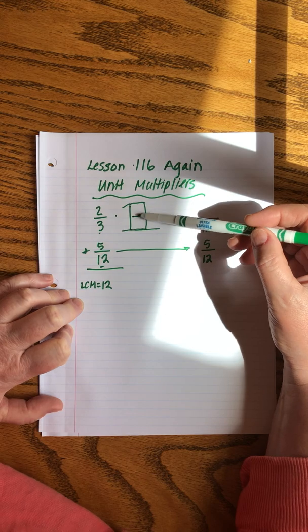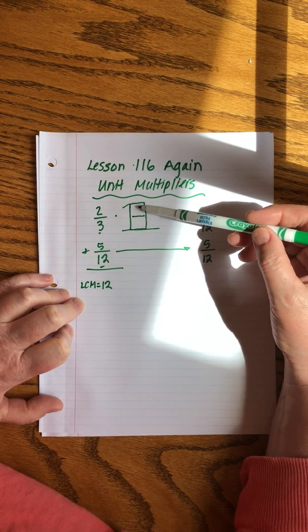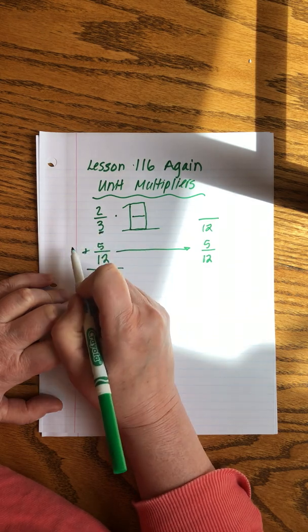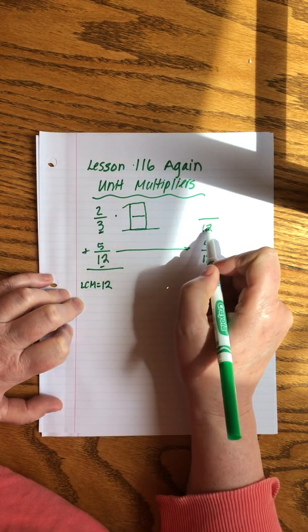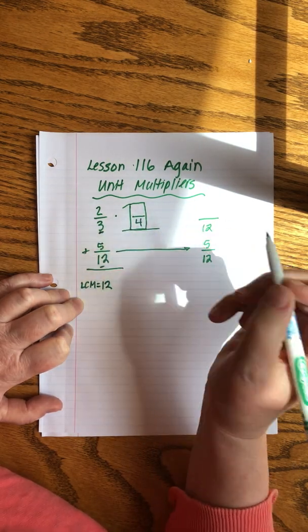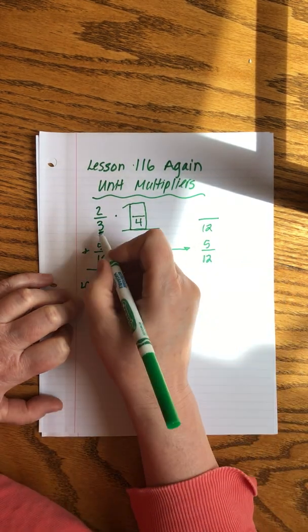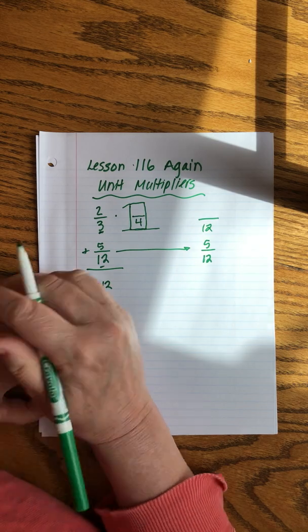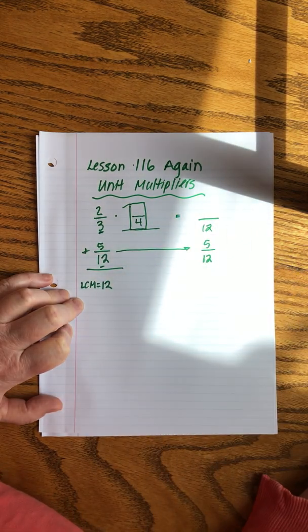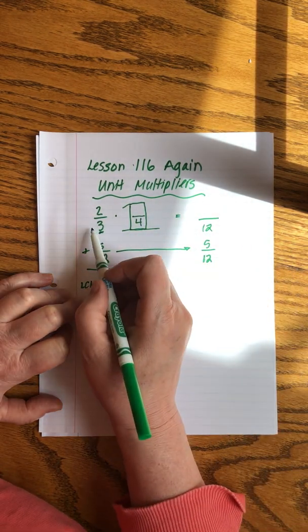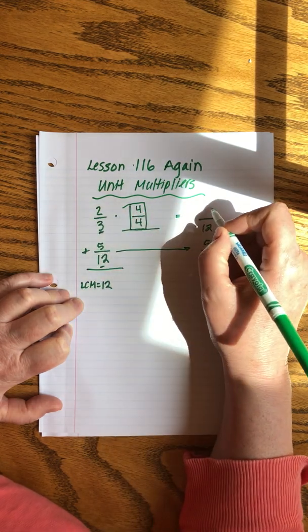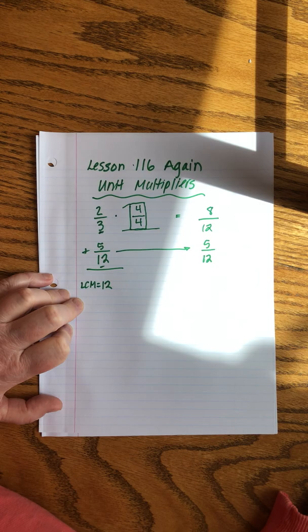So this fraction has to equal 1, and we determine what it should be by looking here, right? To get that, we have to multiply it by 4. We use our times tables to help us get from here to here. All right, so let me put an equal sign there. So now we have figured out the bottom, and then the top is easy, and we just multiply through, okay?